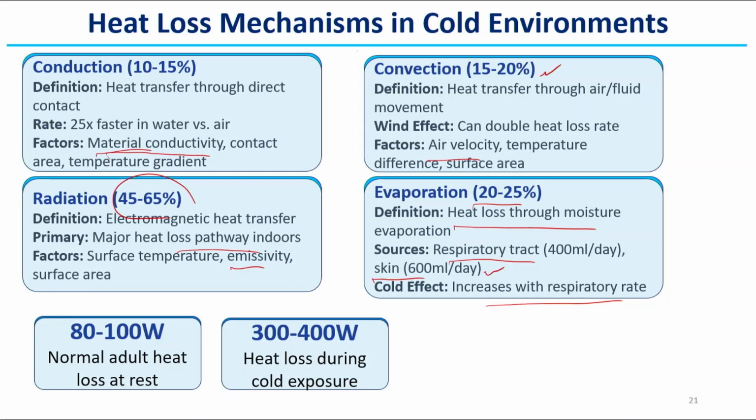Heat loss due to exposure is around 300 to 400 watts. So, metabolic heat is 80 to 100, but heat loss is 300 to 400. That imbalance, that heat loss, has to be restricted by cold weather clothing.